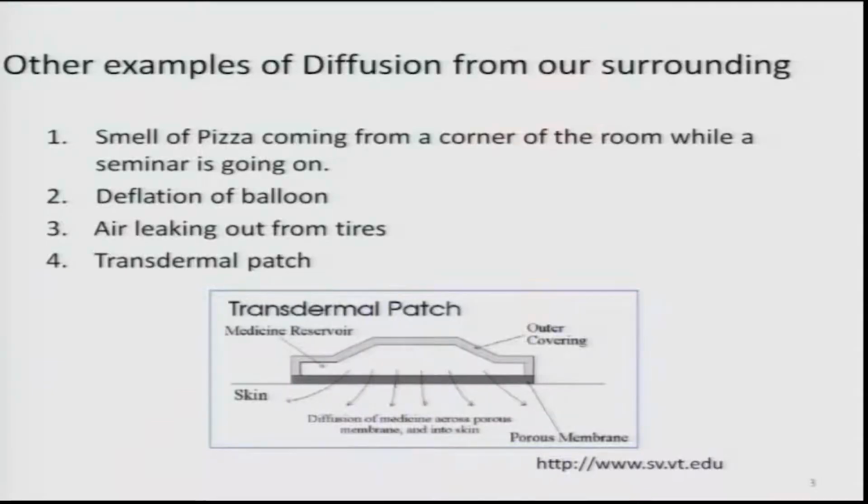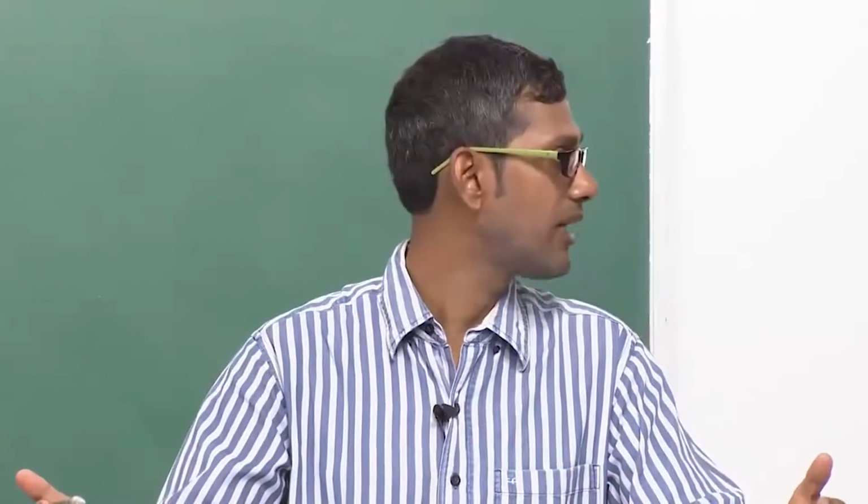That is basically gas molecules being transported very fast via Brownian motion by collision with each other. Okay. Similarly, a balloon gets deflated because the gaseous molecules get transported from inside the balloon to outside.